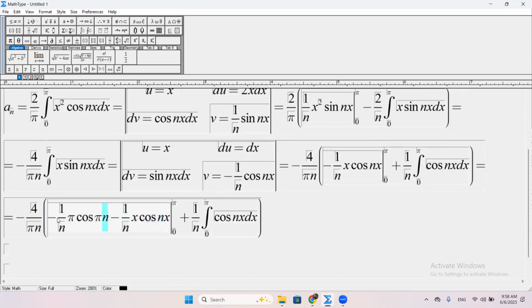So we will have only this part. Then what about this integral? So 1 over n square times sine of nx with substitutions from 0 to p, which obviously will be equal to 0.